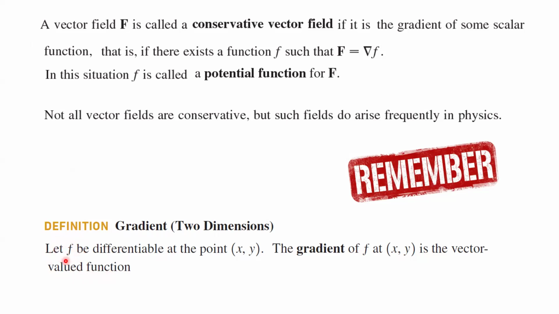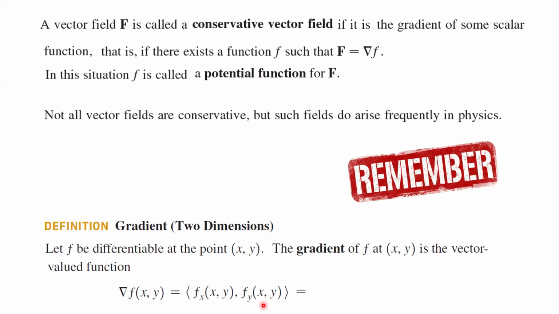We started from a scalar function and we can define a vector function out of it by defining the gradient of f, or nabla f, which is equal to, since we have a vector function, we need to use vector notation. The very first component of this vector is the partial derivative of f with respect to x, and the second component of this vector function is the partial derivative of f with respect to y.